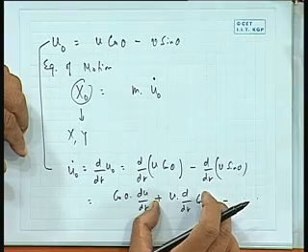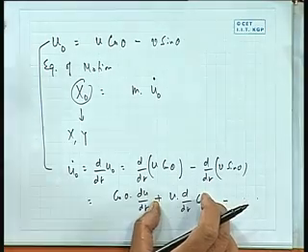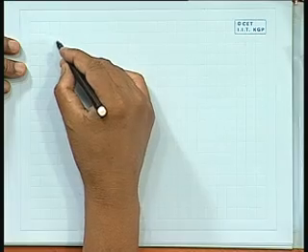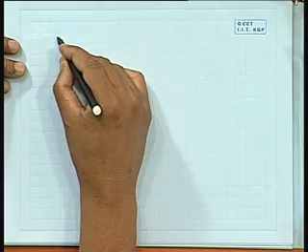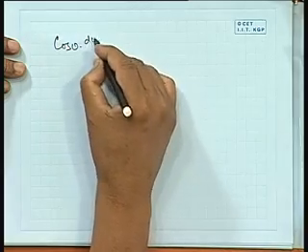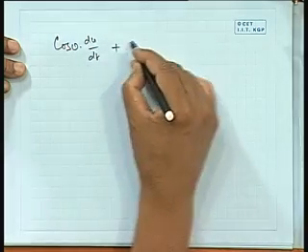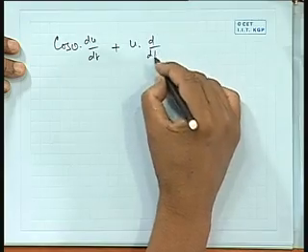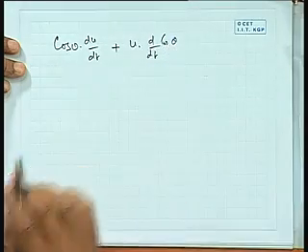Now, if you do this d by dt of cos theta, you get two terms. I am not going into the exact mathematics. One term was cos theta into du by dt, one term u d by dt of cos theta.